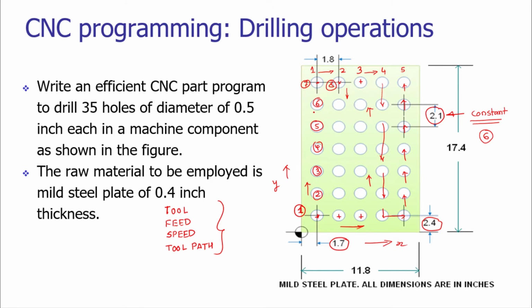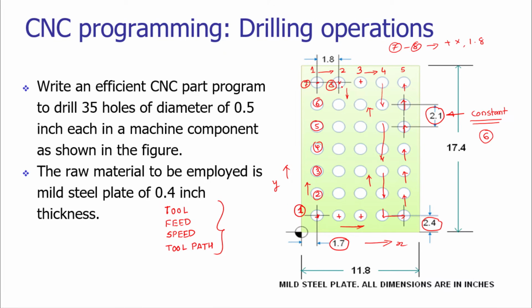From 7 to 8, we have to move along the positive x direction. So 7 to 8 is positive x by a distance of 1.8 inches in the incremental way only.